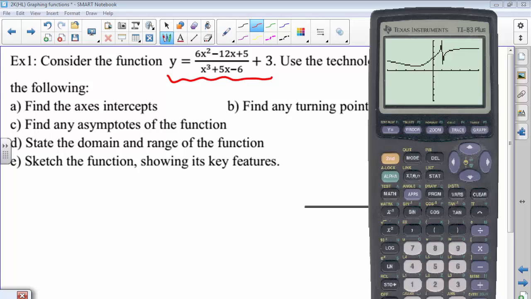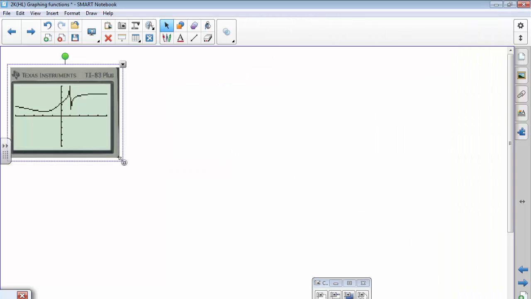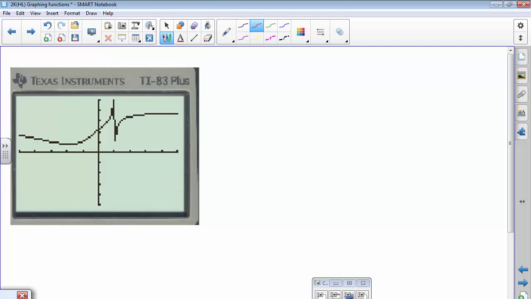Okay, you can copy this graph onto your paper. For me, here, I will just take a picture from the graphing calculator. So let's enlarge the graph. We can see that this is the y-intercept. The x-intercept is here.